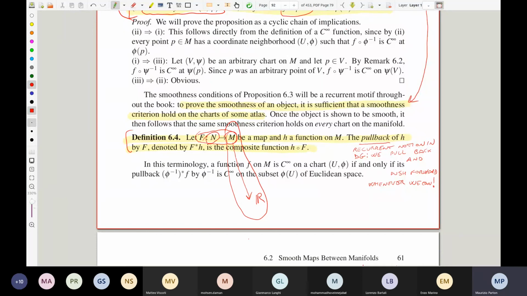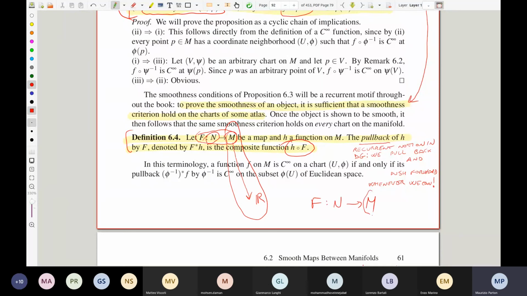Yes, of course. Just take the composition. And you're saying, oh, okay, what are you telling us? Well, nothing particular. This is a very general construction. We have a map. We will do this whenever we can.